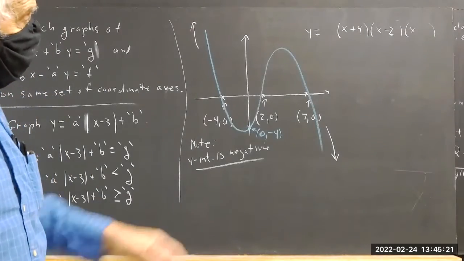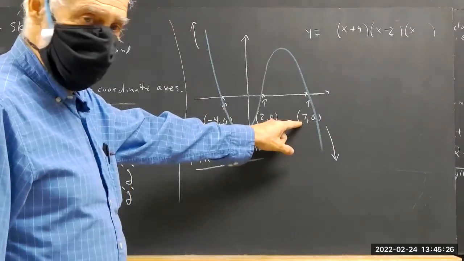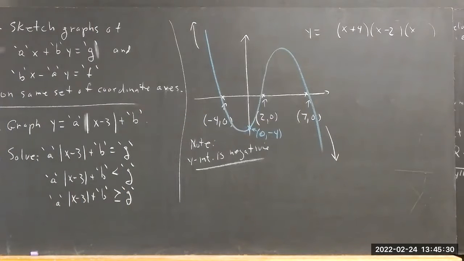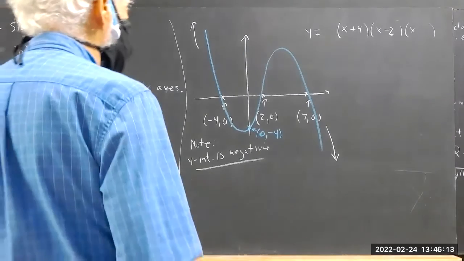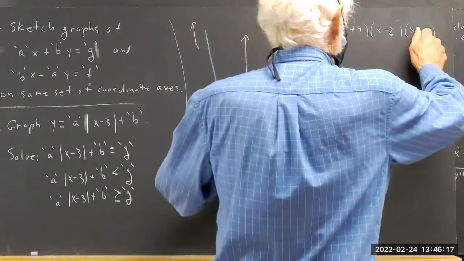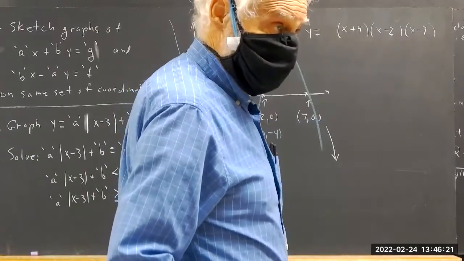Now, write down what I would put here if I want to have 0 when x equals 7. If I want a 0 when x is 7, then I'm going to put a -7 here, so when x is 7, that gives me 0.